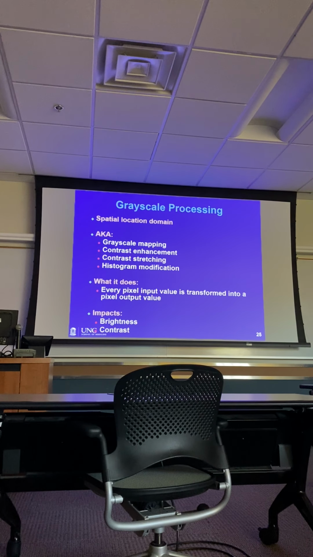With grayscale processing, it's changing the values of the pixels, because remember, the pixel value depends ultimately upon the bit depth, but it also depends upon the intensity of the signal that was received. If you have a really high signal intensity, you've got really high values. If you have low signal intensity, maybe you didn't use enough kVp, you didn't have enough penetration, there was too much absorption, and all your pixel values are low.